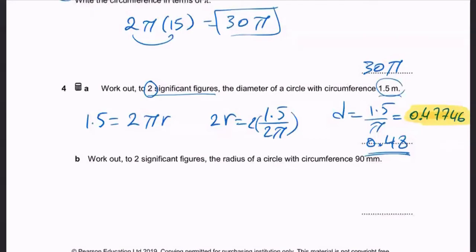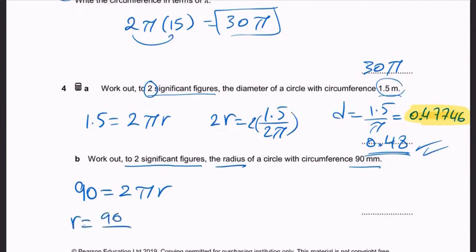So let's go back. Now work out to 2 significant figures the radius of a circle with a circumference of 90 millimeters. So the circumference 90 equals 2 pi r, and he wants the radius, not the diameter. So r equals 90 over 2 pi.